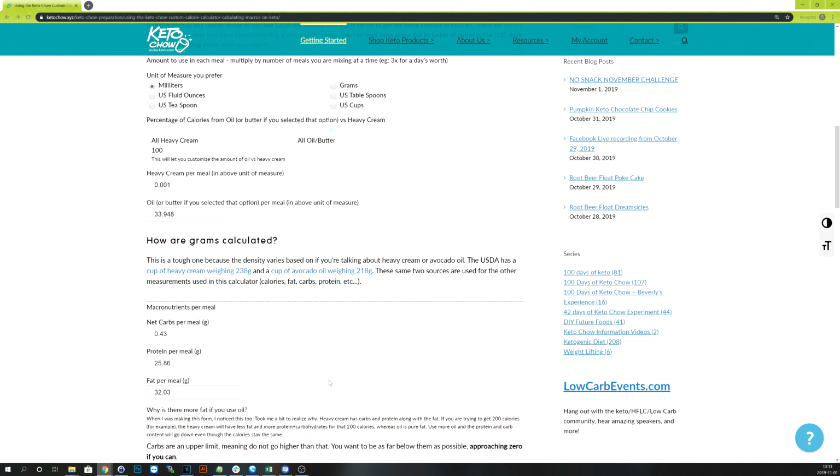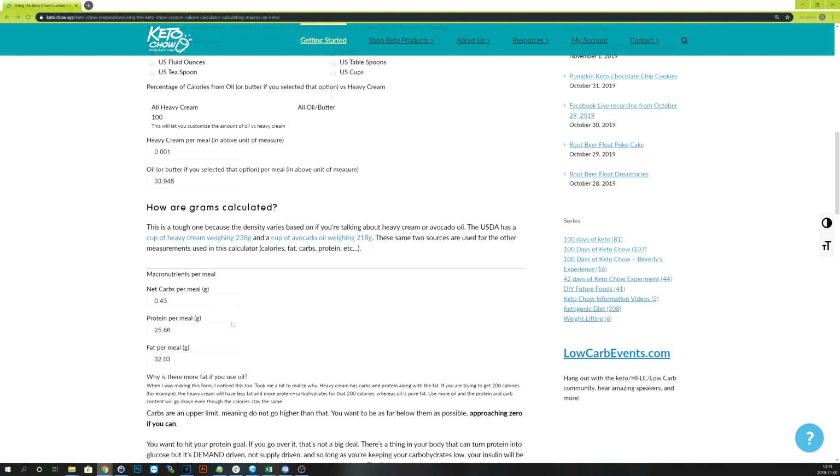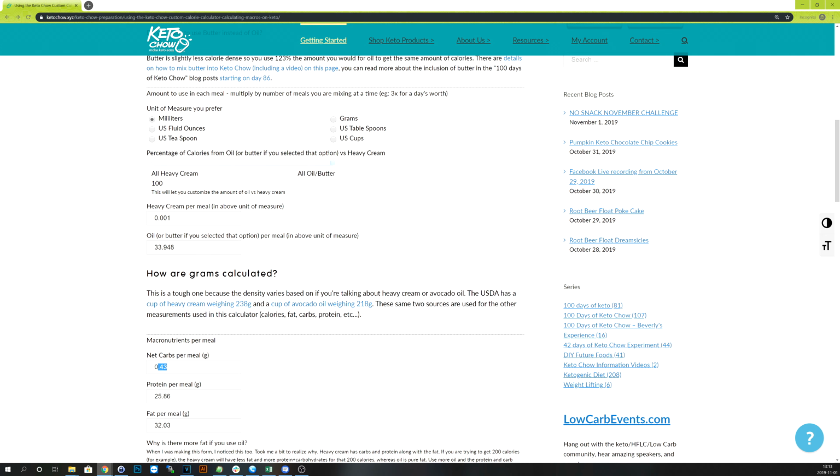And then down below, it actually gives you a calculation where it tells you what the net carbs and protein and fat are per meal. When you're using all oil or butter, the net carbs is actually pretty low. If you use heavy cream, on the other hand, you'll notice it's quite a bit more.